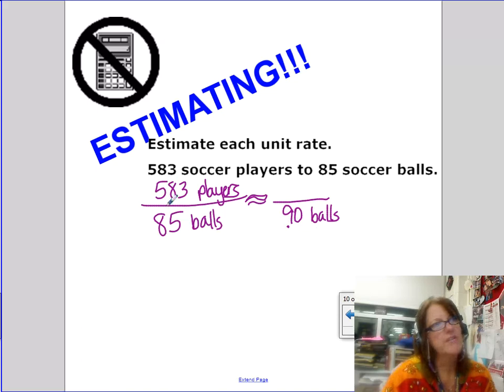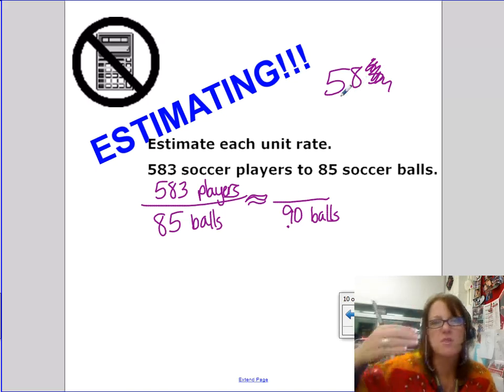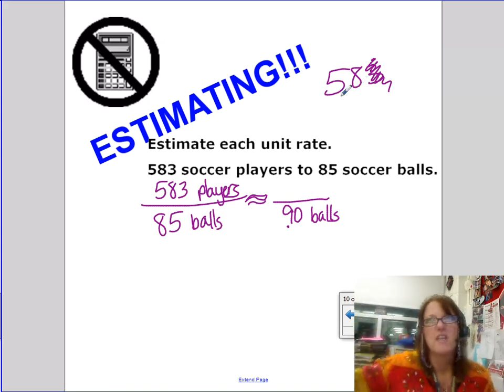And now I've got to look at 583. Let's just take a look. Cover up that 3 for a moment and just look at the 50s and a 9. When I think multiples of 9, I'm thinking 9, 18, 27, 36, 45, 54, and 60. You know what?